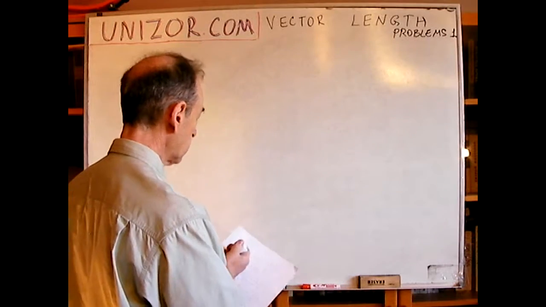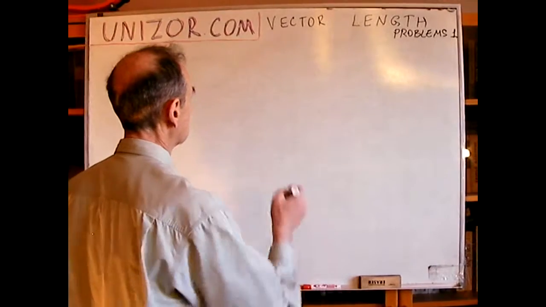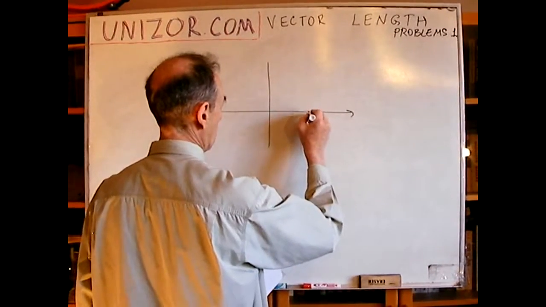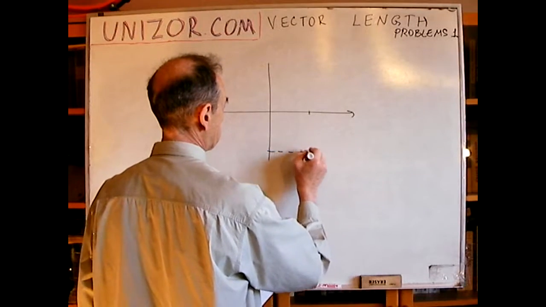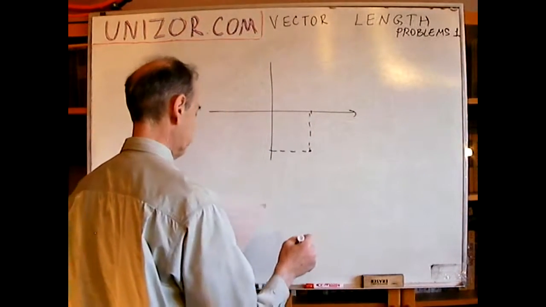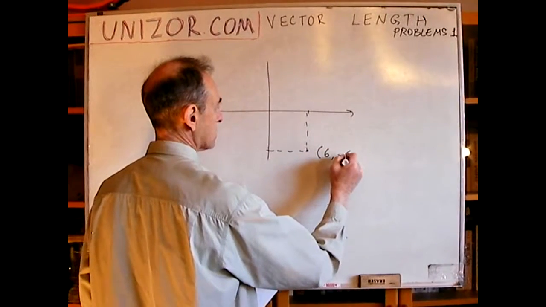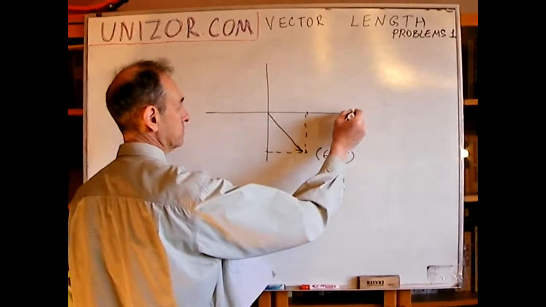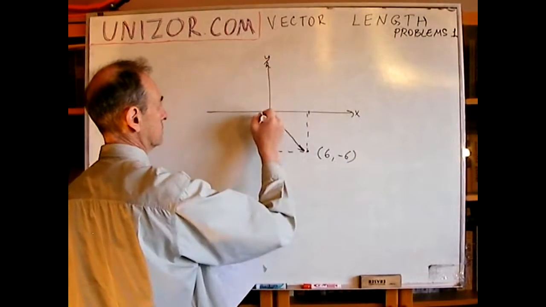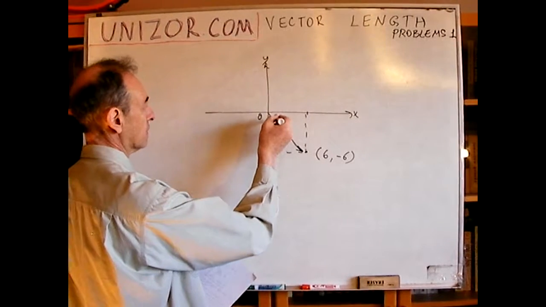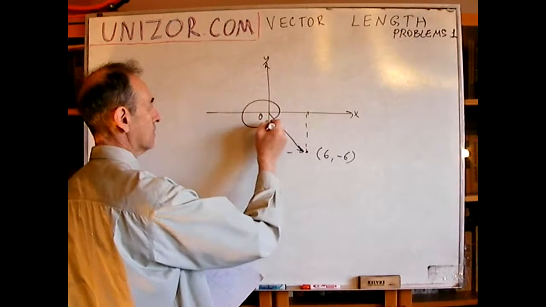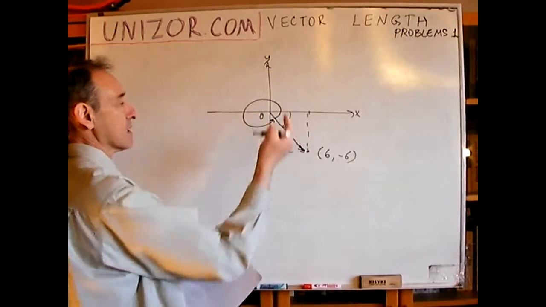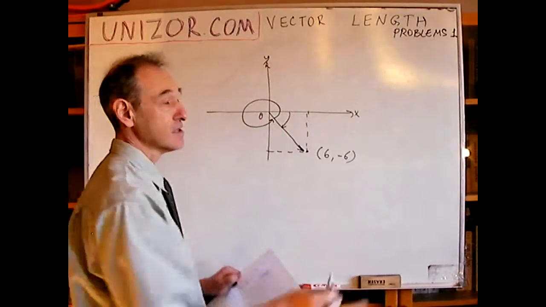Now, a similar problem, different coordinates. So it's 6, minus 6. This is the vector. So what is the angle? It's either this one or this one. This is positive direction, this is negative direction. Well, obviously it's easier to use the negative direction.